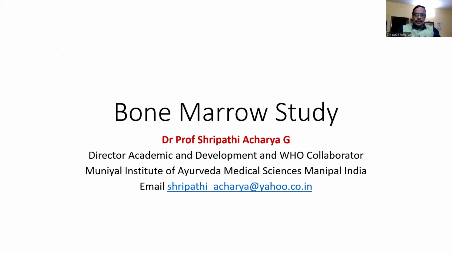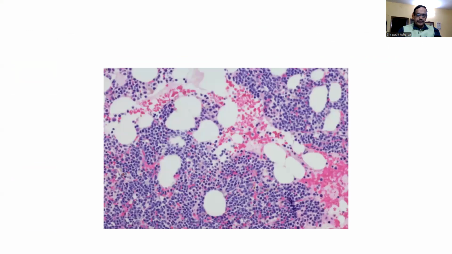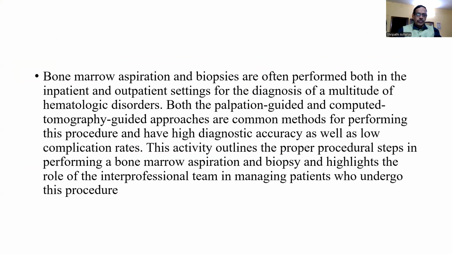Topic is bone marrow study. Bone marrow aspiration and biopsies are often performed both in the inpatient and outpatient settings for the diagnosis of a multitude of hematologic disorders.